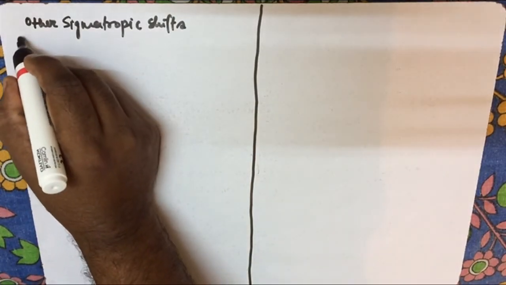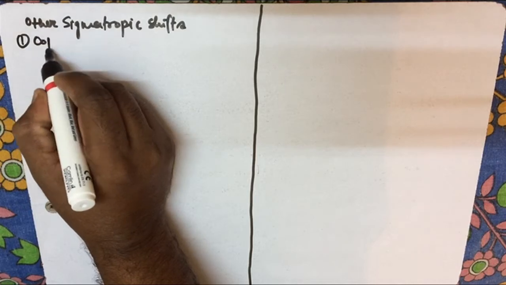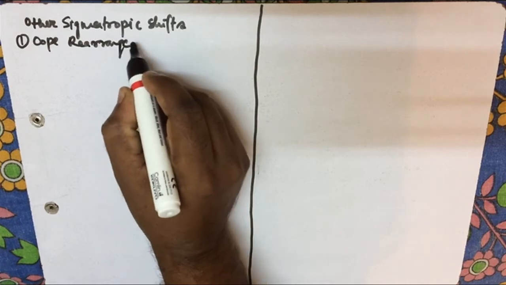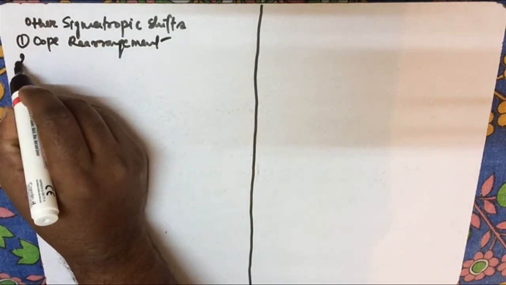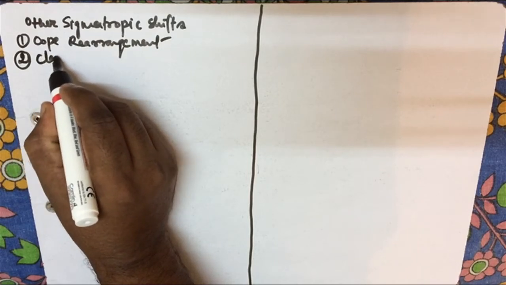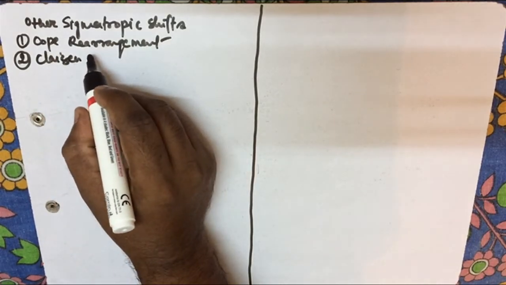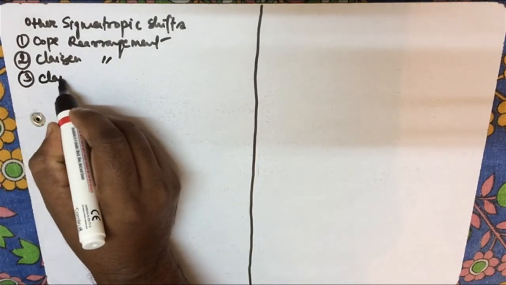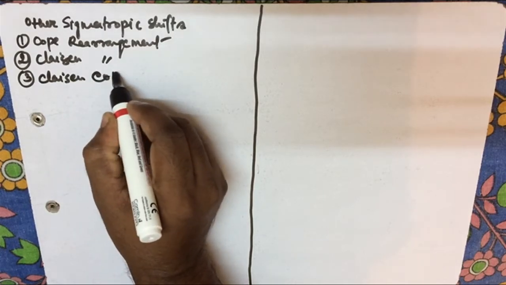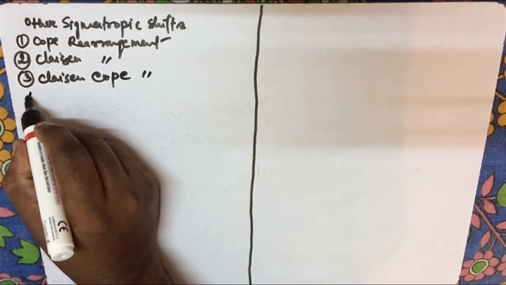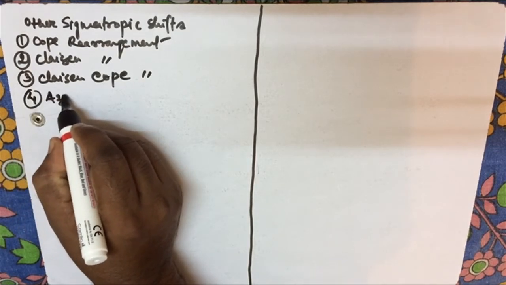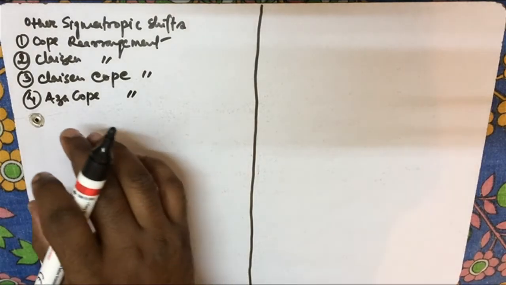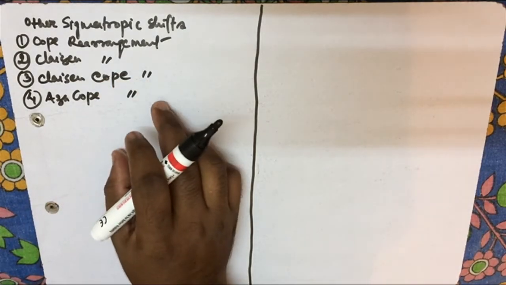First one is the Cope rearrangement, second is the Claisen rearrangement, third is the Claisen-Cope rearrangement, and fourth is the Cope rearrangement. I will discuss them one by one.